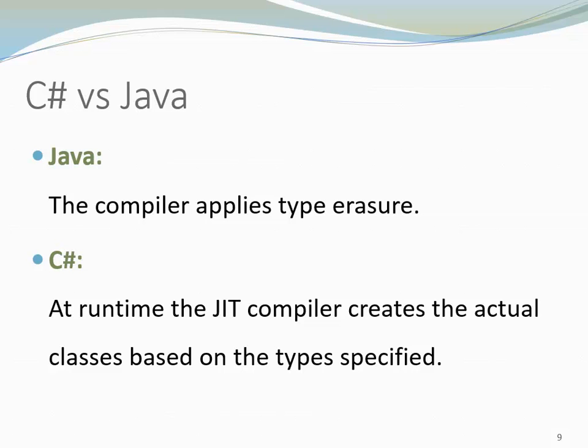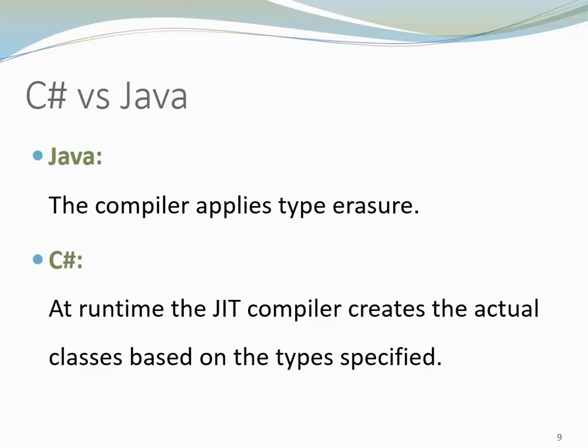In C#, the JIT compiler creates the actual classes based on the type specified. That means, if you use in your code a list of circles and a list of squares, two separate classes are generated, a circle list and a square list. Creating these type-specific classes allows C# to efficiently use both value types and reference types as type arguments.